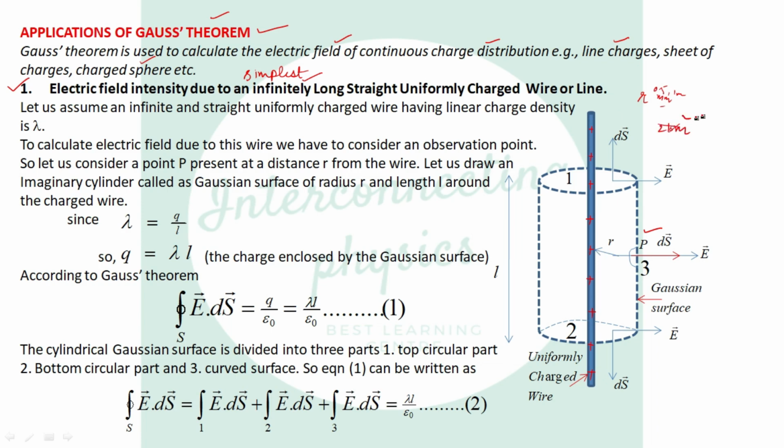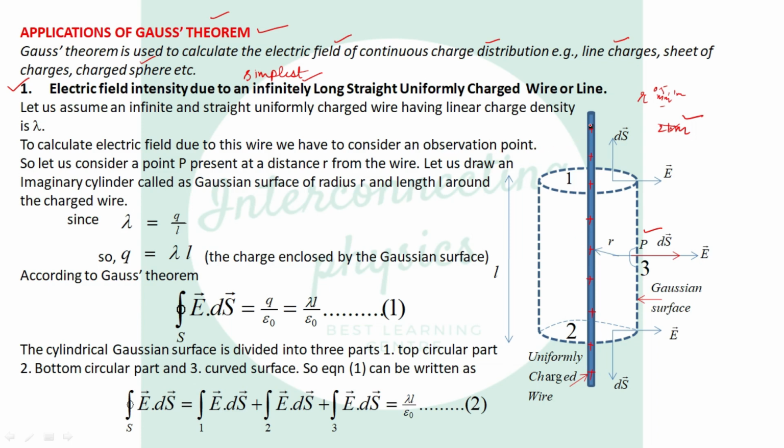Then we say this wire is infinitely long. That means, if the distance of point P from the wire is very small as compared to the length of the wire, then we consider this wire as an infinitely long wire.